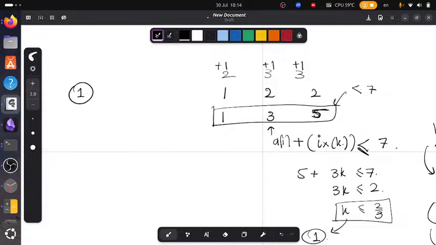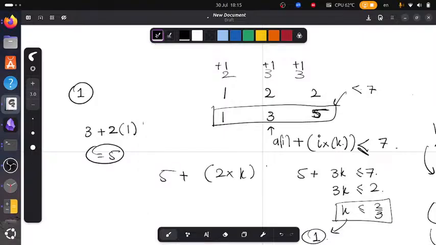So the current price of this becomes 3 plus 2 times 1, because a single day has passed, and since only 1 day has passed, this becomes 5, right? And now we are going to say, all right, is 5 plus 2 times k smaller than or equal to 7?